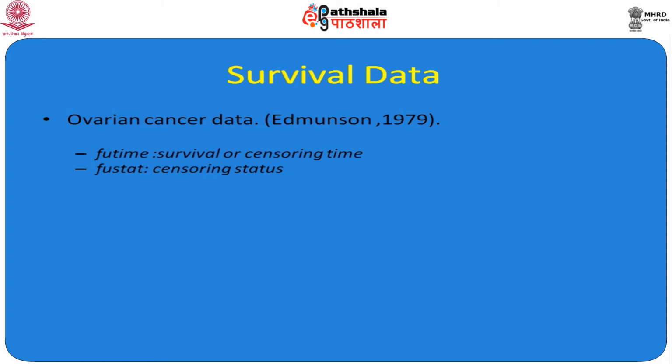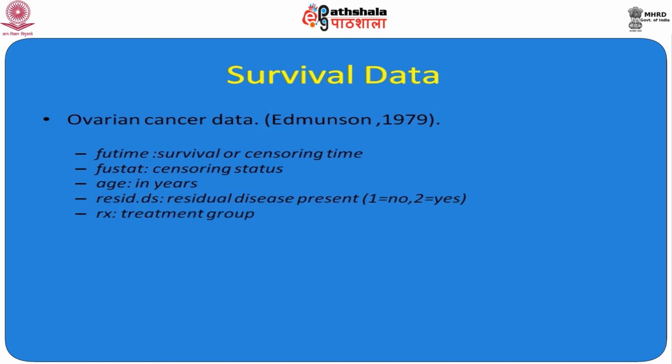FU stat represents the censoring status of those patients. Age of those patients is considered in years, and it is taken during the baseline observation. RECIST.ds, residual disease presence or not, is given as yes or no and coded as 1 and 2 for all patients accordingly.